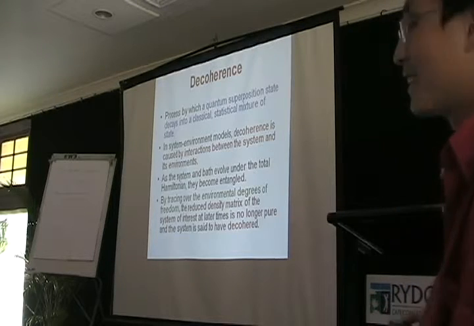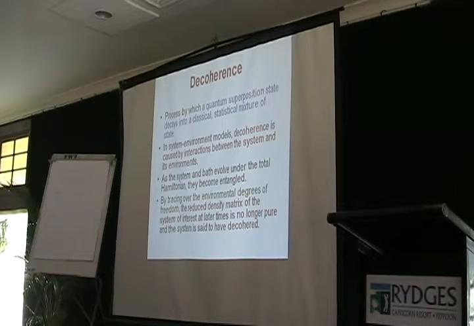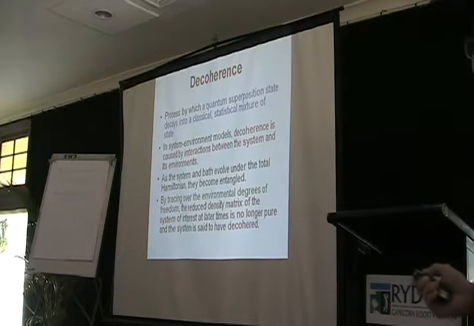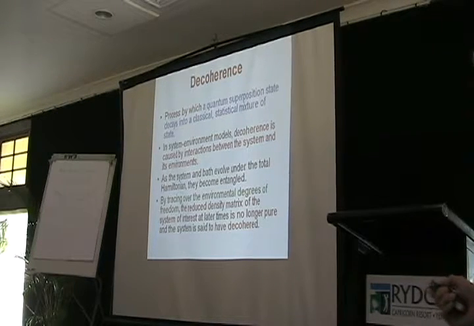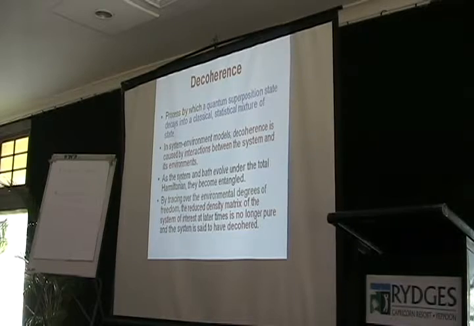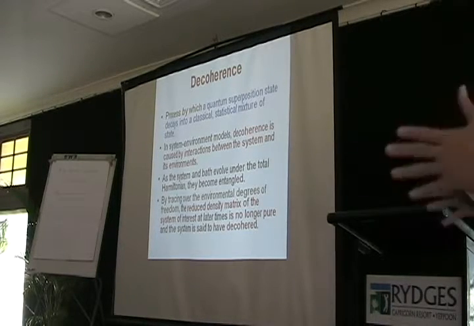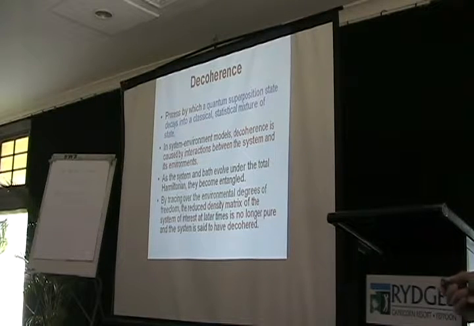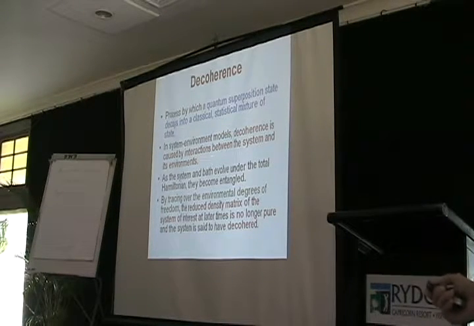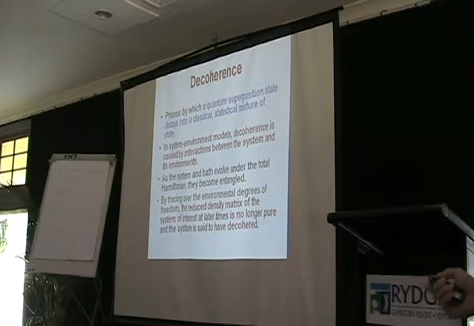Okay, so decoherence. Decoherence is a process by which a quantum superposition state decays into a classical statistical mixture of states. That means going from the superposition to a classical mixture. In the system-environment model, most people think decoherence is caused by the interaction between the system and the environment.